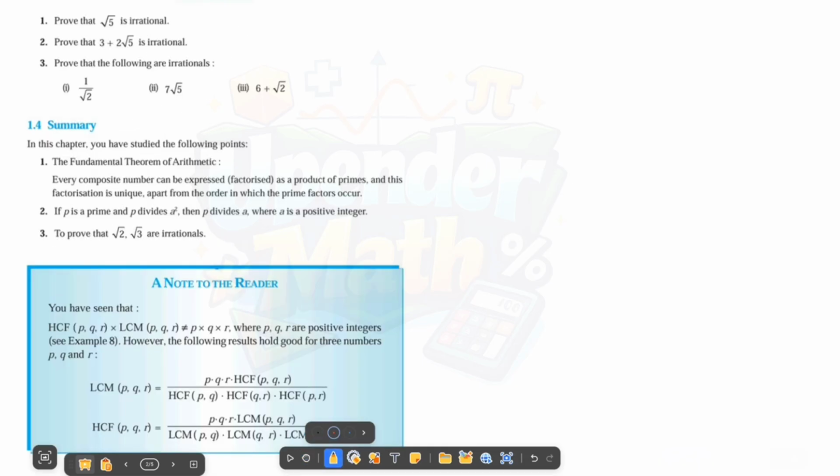Next question is third bit, prove that the following are irrational numbers. So 1 by root 2 is an irrational number. Let us prove 1 by root 2 is an irrational number.